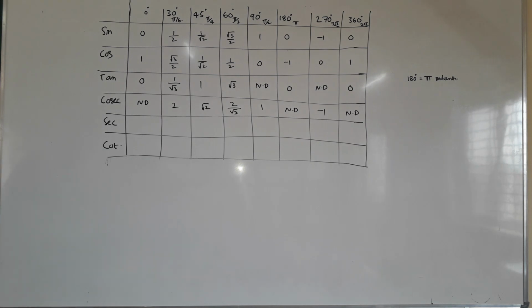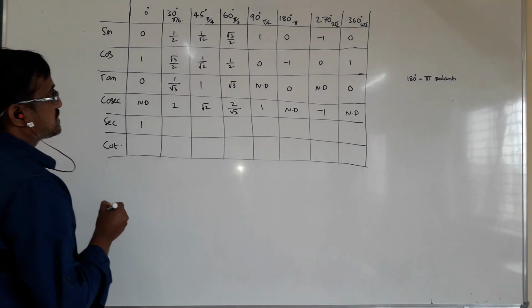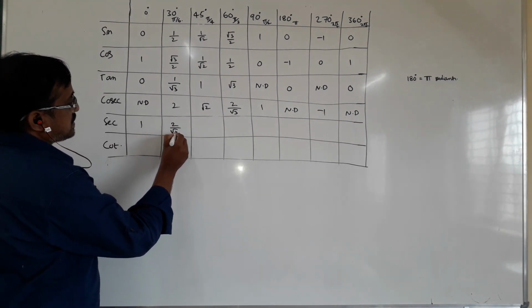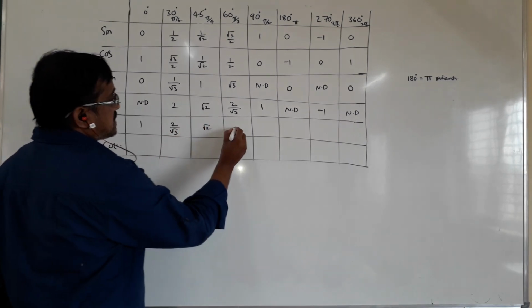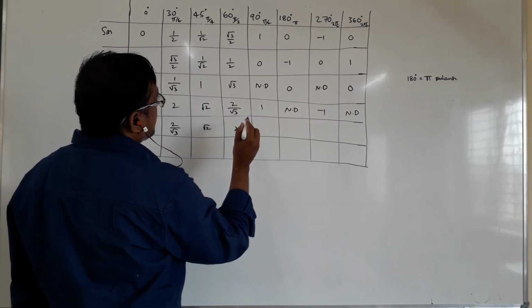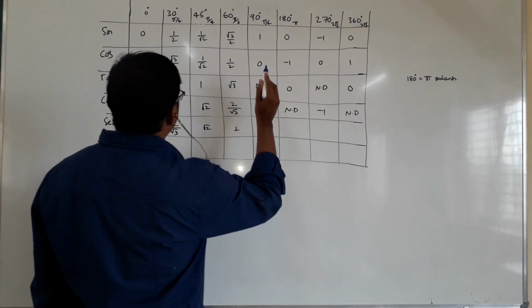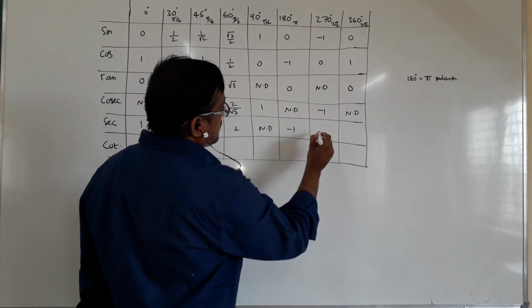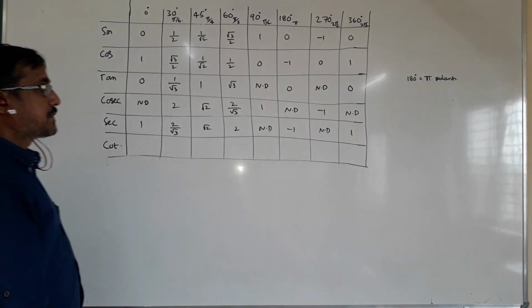Now secant is the reciprocal of cos, so secant 0 is 1, secant 30 is 2 by root 3, secant 45 is root 2, secant 60 is 2, secant 90 is not defined, secant 180 is minus 1, secant 270 is not defined, secant 360 is 1.